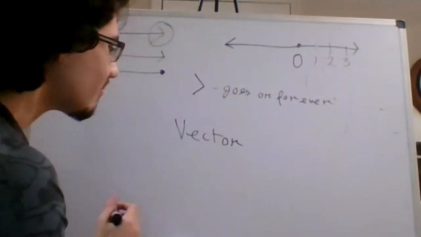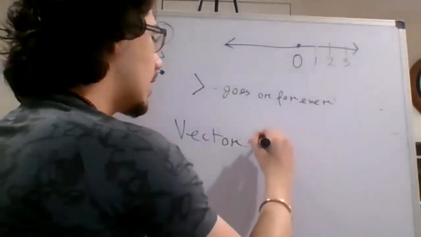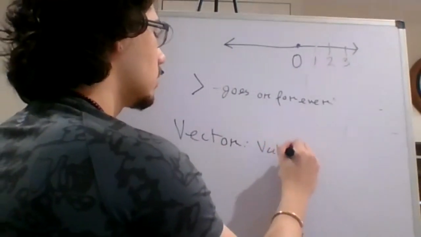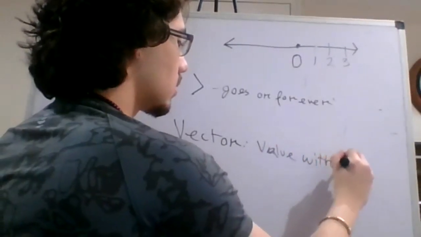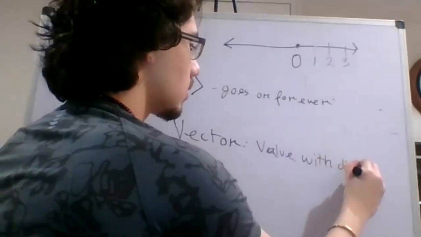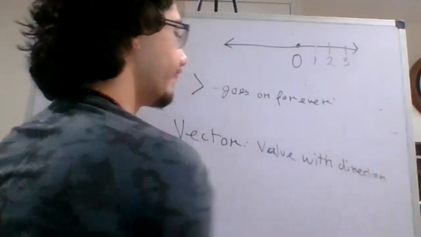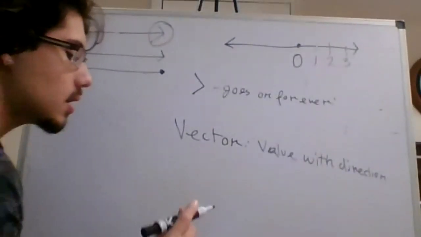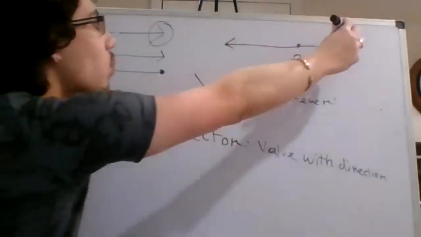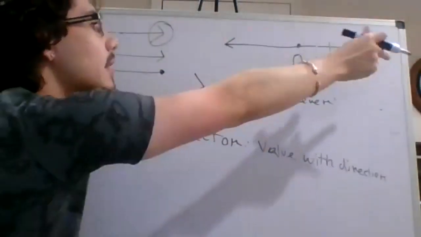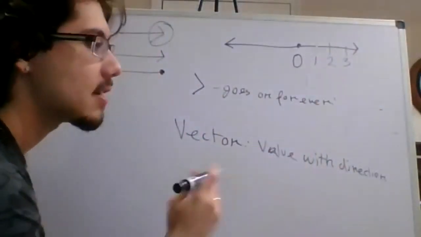So a vector describes a value with direction. So what this means is that depending on which direction the arrow points, will say whether or not it's positive or negative.